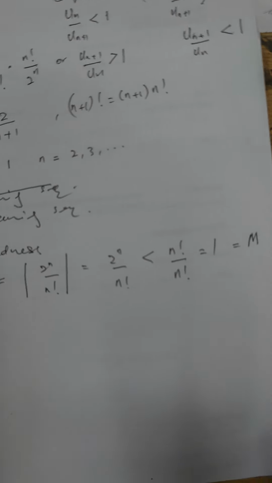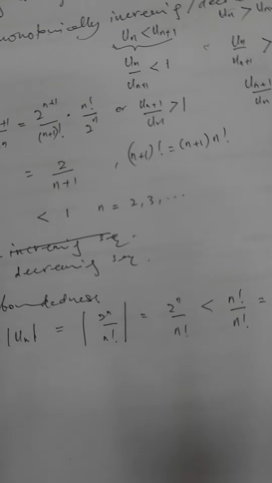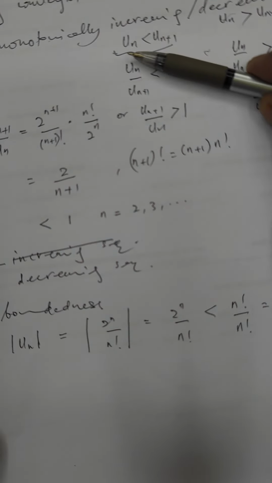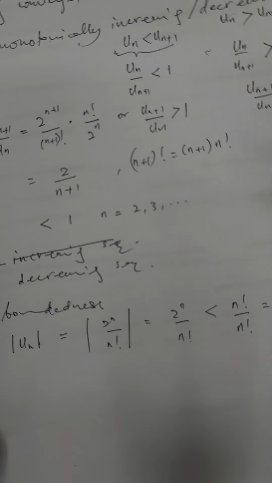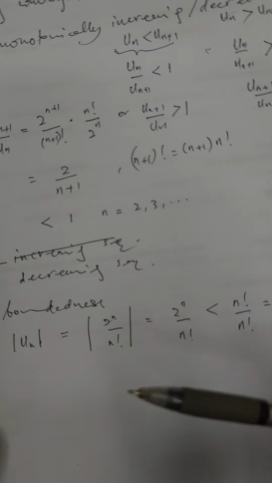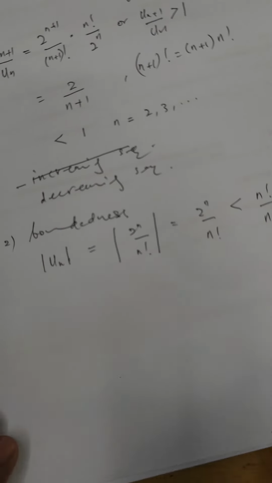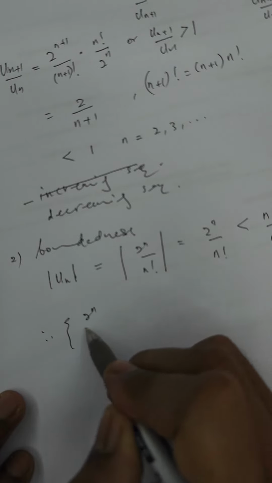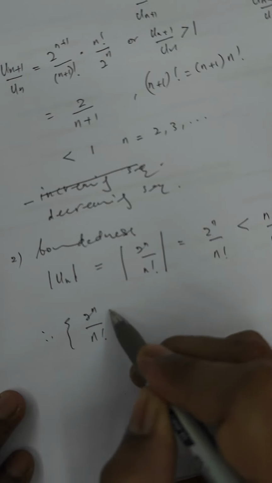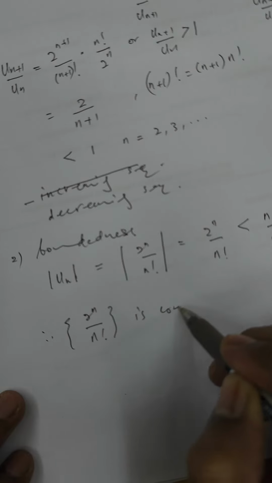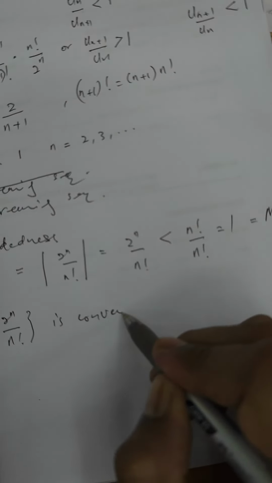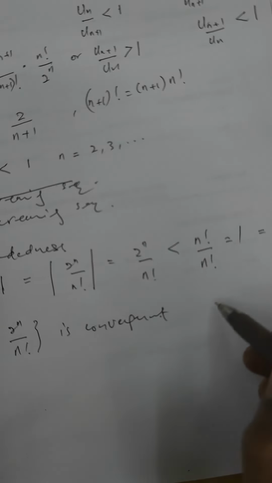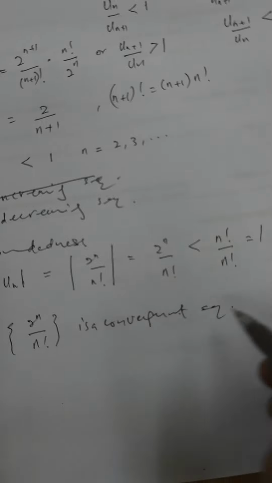Now with these two assertions that we have shown, that this sequence is monotonically decreasing, as well as bounded, therefore we can conclude that this sequence u_n over n factorial is convergent. It is a convergent sequence.